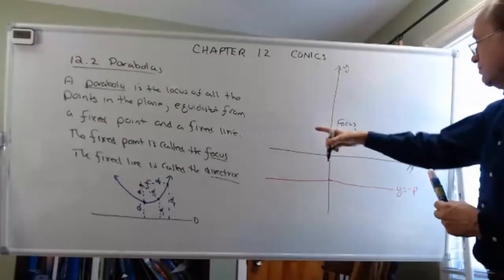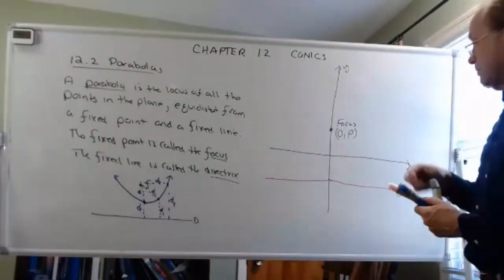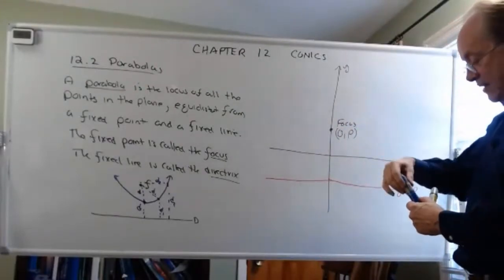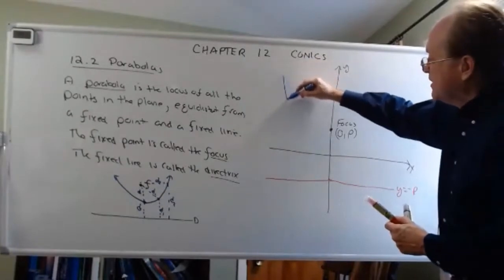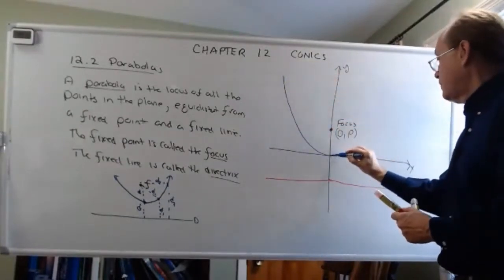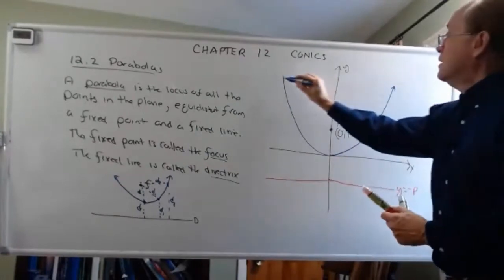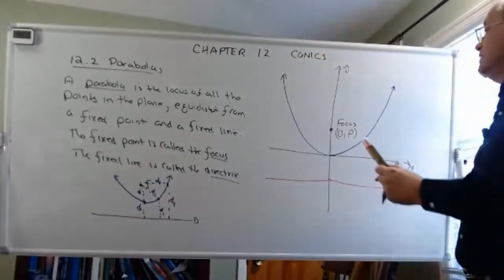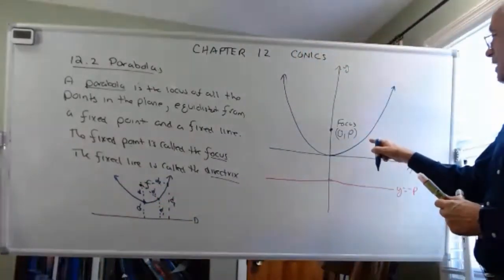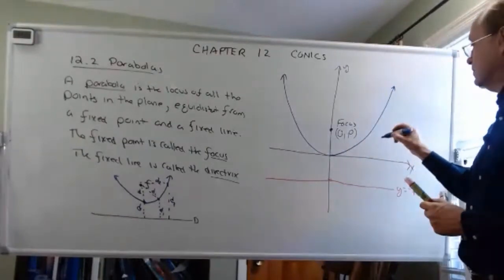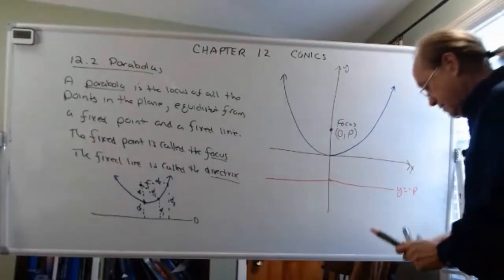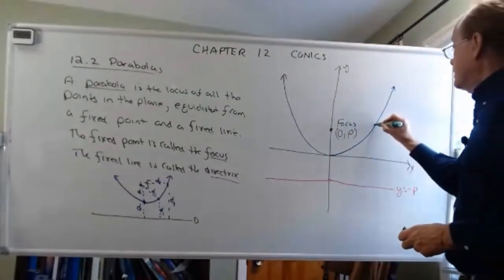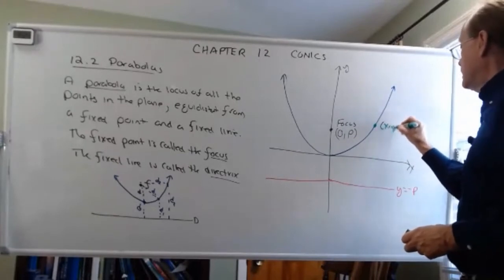And again, we want to sweep out the graph of those points such that this distance and that distance maintain the same value. It should look something like this. You can see if you had that and just keep maintaining the same distance. So let's take a generic point on this graph. I'm going to pick some generic point over here on the graph. That's my point x, comma, y.